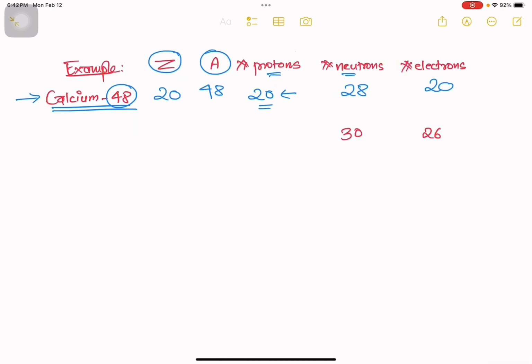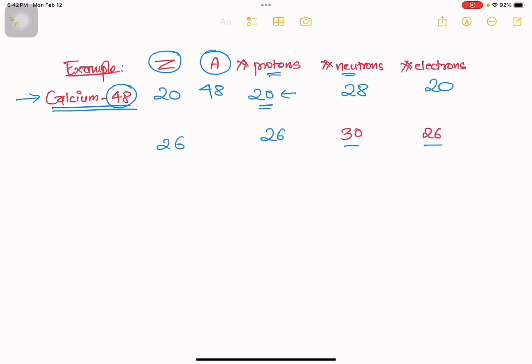Another example: the number of neutrons is given as 30 and the number of electrons is given as 26. In neutral atoms, again, the number of protons will be the same as electrons. I'll write 26 there, and the atomic number is 26 as well.